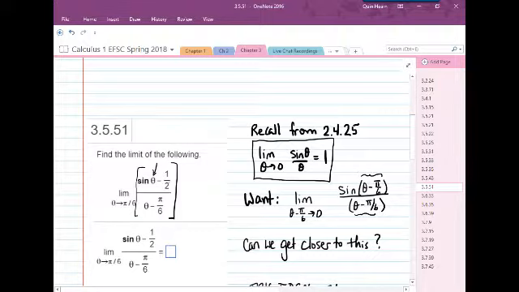So when I look at this, I wonder, can we get closer to this? And how might we go about doing that? I noticed that a half was in the numerator, separate from the sine. Keep in mind, since it's not in parentheses, it's not sine of the whole theta minus 1/2. No, it's just sine of theta, and then we have this minus a half outside of the argument.